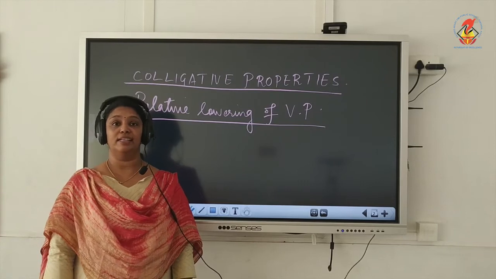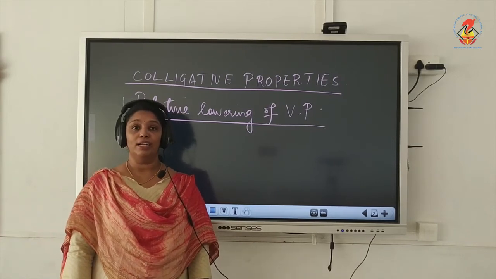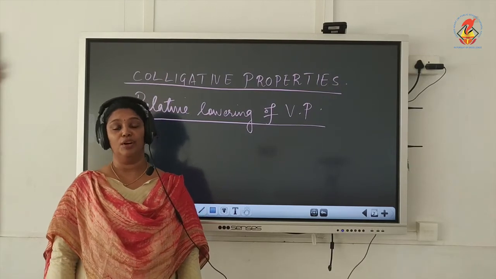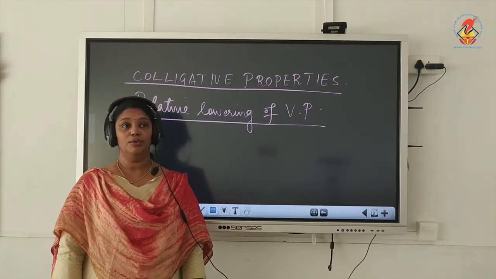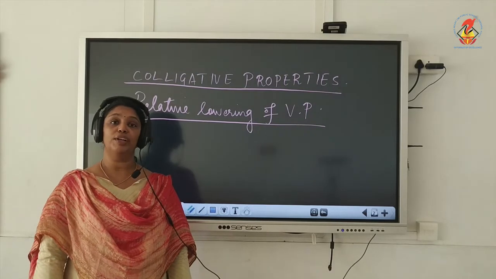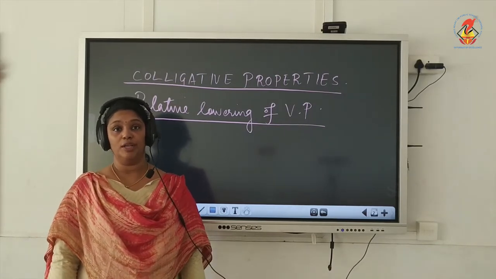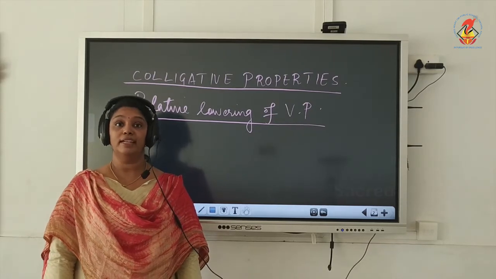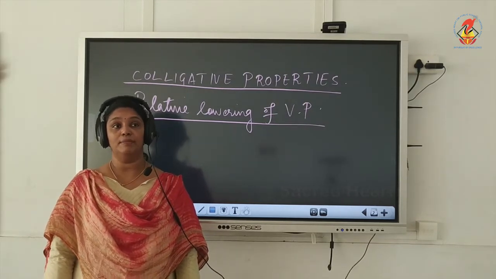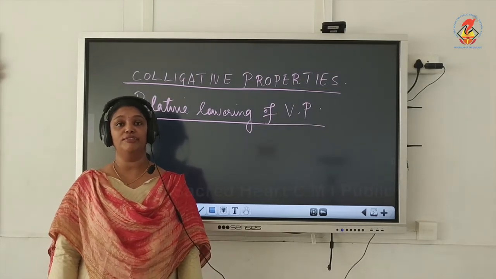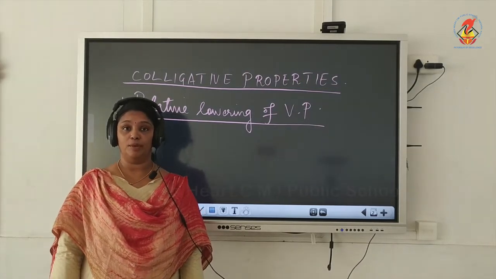And the second question is, determine or calculate the molecular mass of a solute from relative lowering of vapor pressure. So, we can say that the relative lowering of vapor pressure is a colligative property because it depends upon the number of solute particles present but does not depend upon their nature.